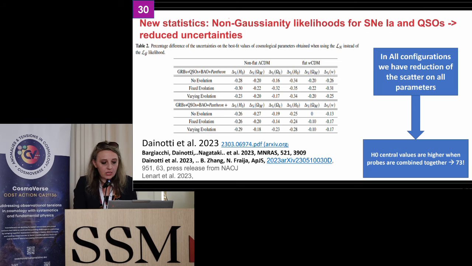What is interesting here is that if you consider all the samples together, and you don't consider evolution, or you consider a fixed trend for evolution when you already know the cosmology, or you consider varying evolution, so the function of the evolution is also varying together with the cosmological parameters, in all cases you basically have a reduction of this scatter. And the configuration is that we have higher H0 values, so the probes combined together go closer to the one of supernovae Ia, so closer to the value of 73.